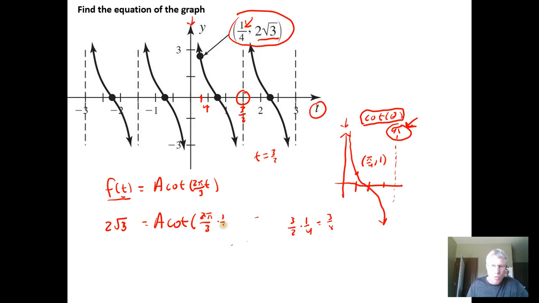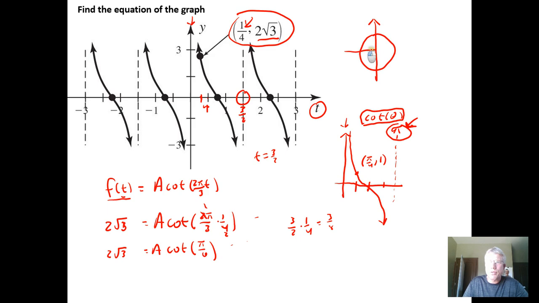So I'm going to plug in that quarter, and then I'm going to simplify, so I get 2 square root of 3 equals a times the cotangent of, this is going to simplify to pi over 6, and then I recognize pi over 6 is a special angle, so I'm going to go to my unit circle and recognize that pi over 6 or 30 degrees corresponds to the ordered pair on the unit circle root 3 over 2 comma 1/2.